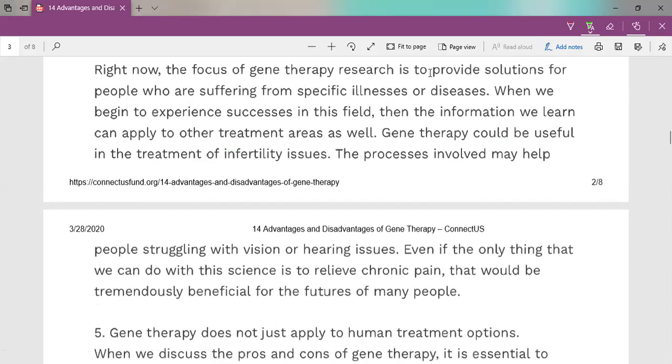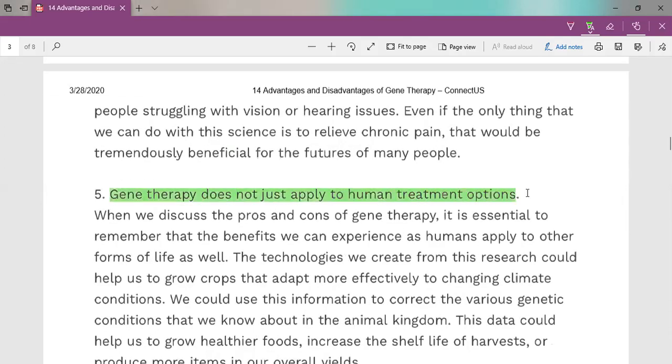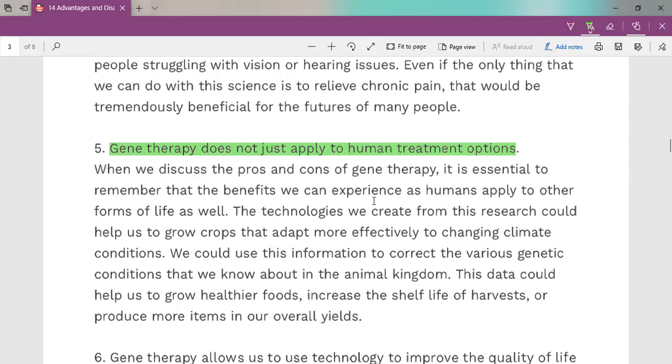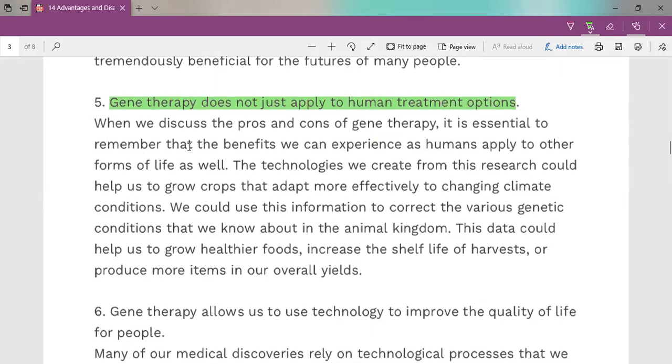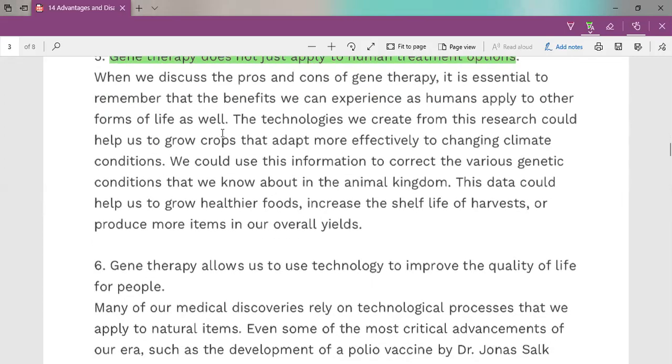Going on to the next one, gene therapy could be used in different ways to improve life. Right now, the focus of gene therapy research is to provide solutions for people who are suffering from specific illnesses or disease. But when we begin to experience successes in this field, then the information we learn can be applied to other treatments as well. So gene therapy could be useful in the treatment of infertility issues, for example. It says gene therapy doesn't only apply to human options. It is essential to remember that the benefits we can experience as humans can be applied to other forms of life as well.